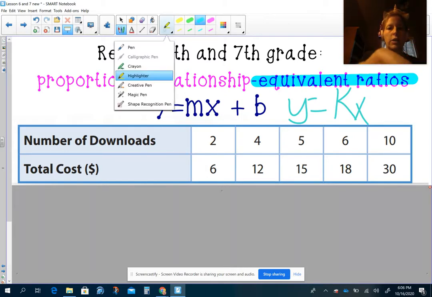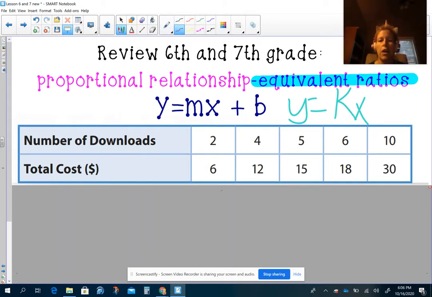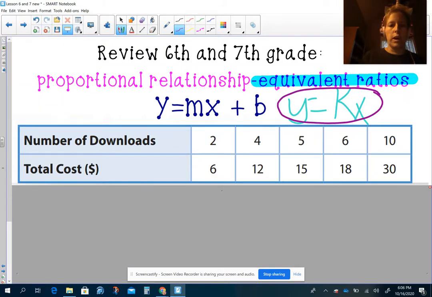So I want you to look at what I have and how this is a proportional relationship. There's a few things that tell me it's proportional. But let's look at it in terms of y equals kx, where in 7th grade we talked about k being my y over x. Okay, so let's see how that looks.